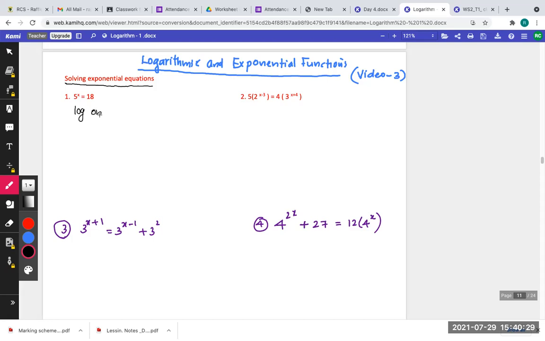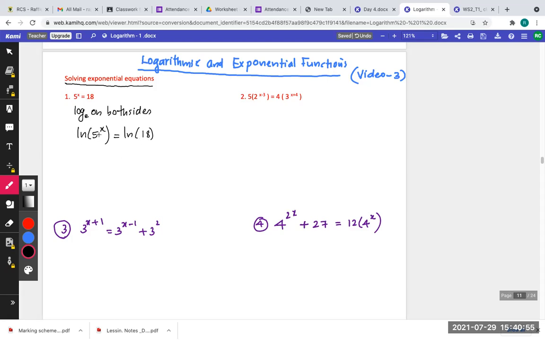That's possible, because if you do the same operation on both sides, the equation is not affected. So I'm taking ln of 5 to the power x equal to ln of 18.